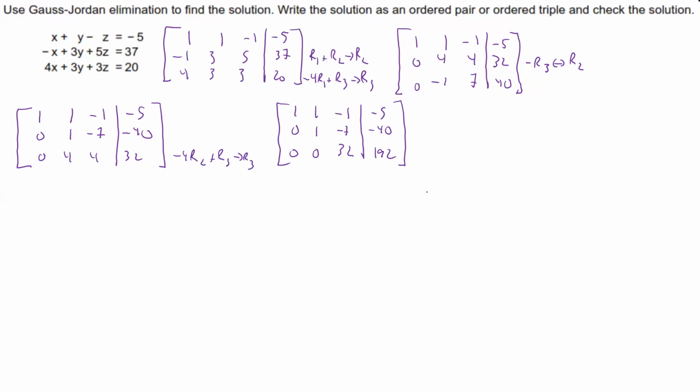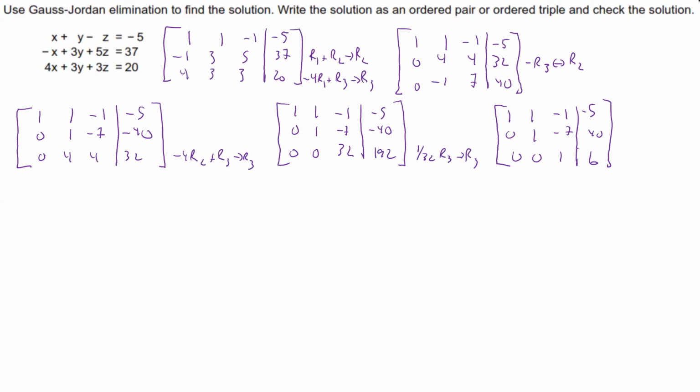Now I'm going to use my calculator here, and I'm going to see if 192 divided by 32 is equal. Yep. So what we're going to do now is take 1 over 32 of row 3 and make that my new row 3. And so that's 1, 1, minus 1, minus 5. Then I have 0, 1, minus 7, minus 40, and 0, 0, 1, and that's equal to 6.